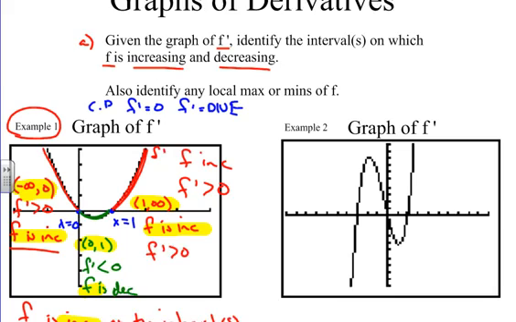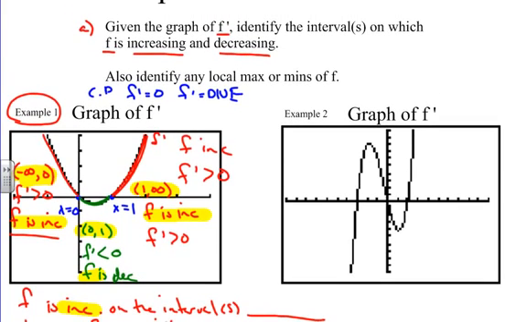Well, example number 2, if you want to try example number 2. Oh, actually, let me go back, I forgot. Let's do part B. Identify where we have local max/mins.